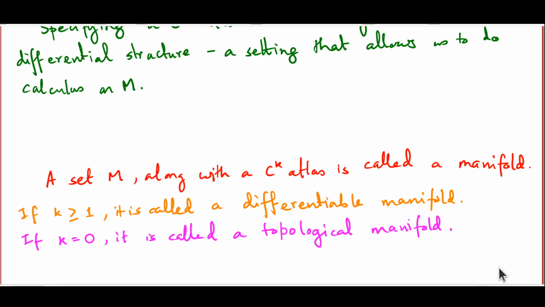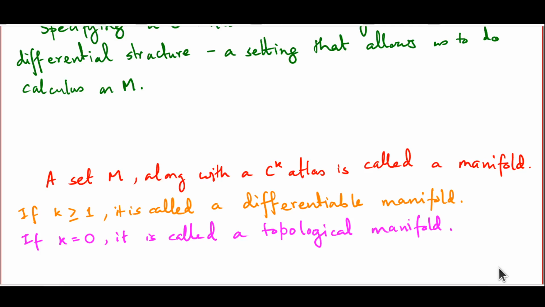In some mathematical texts, the terminology is slightly different. There, what we are calling a subatlas is called an atlas, and what we are calling an atlas is called a maximal atlas. So, if you are reading a text, please make sure what exact terminology is being used here to ensure that you do not get confused.